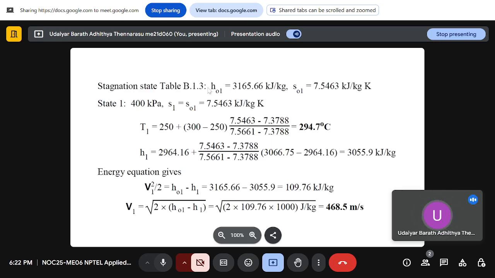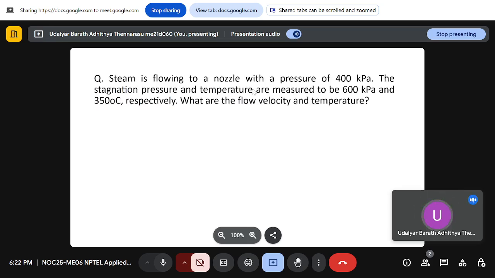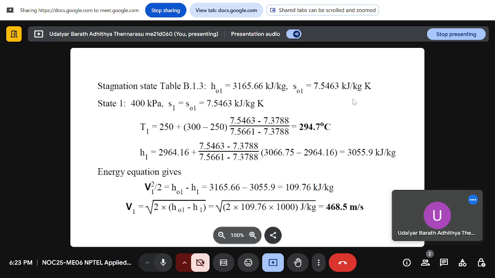So from the steam table, for 600 kilopascal, which is 0.6 MPa, and 350 degrees Celsius, my enthalpy will be 3165.66 kilojoule per kg, and my stagnation entropy will be 7.5463 kilojoule per kg Kelvin.